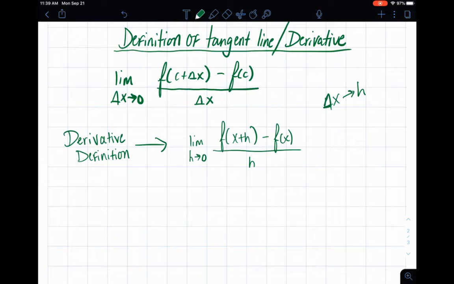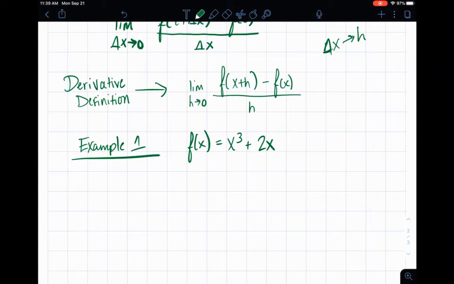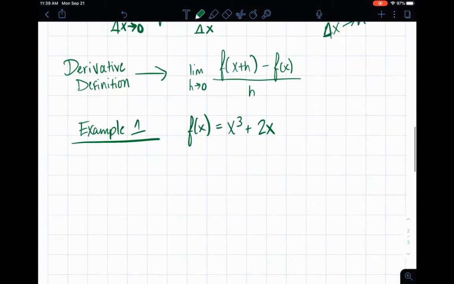All right, so let's do an example with this. Example 1. We're going to find the derivative of this function. Sometimes they'll ask you just to find the derivative of the function, sometimes at a specific point. It's the same process.